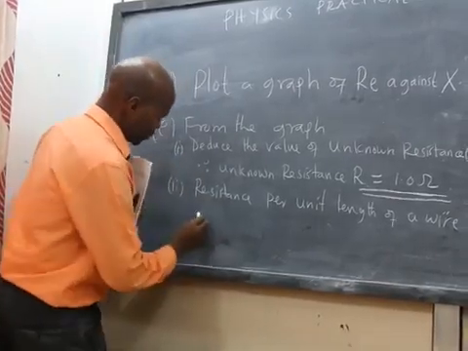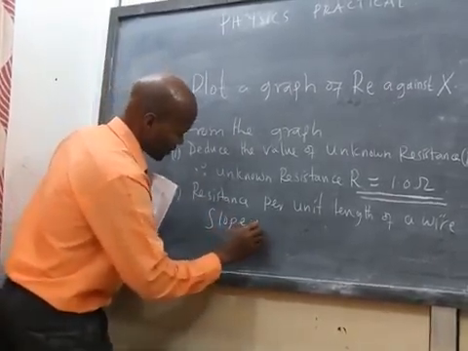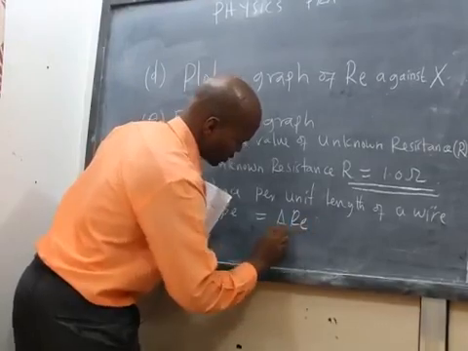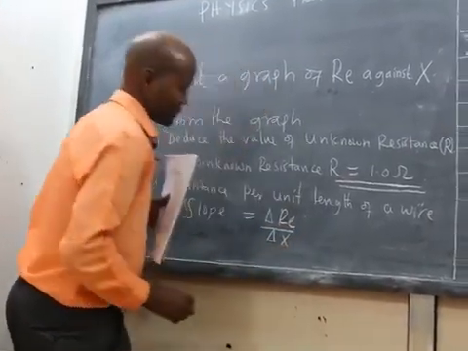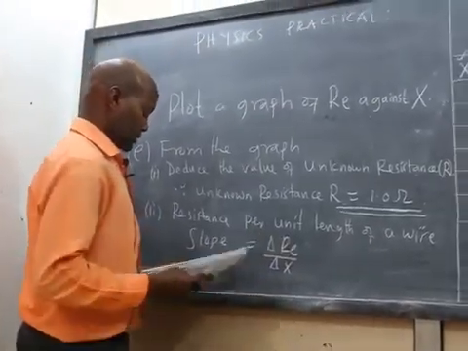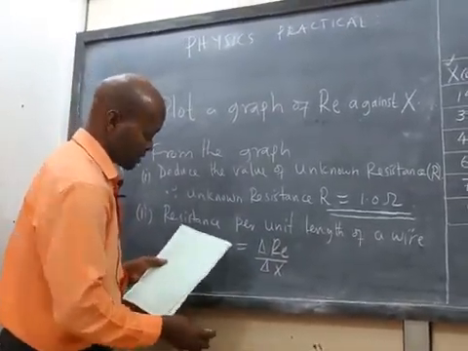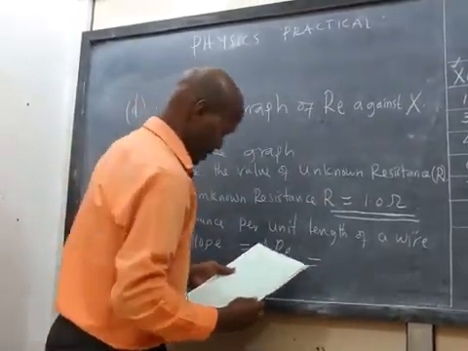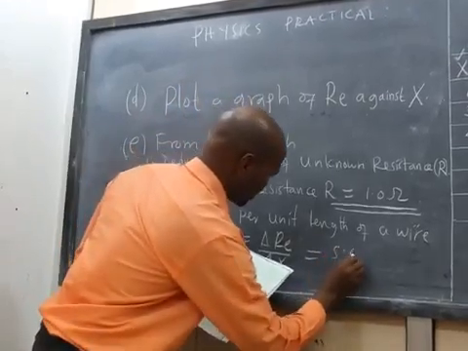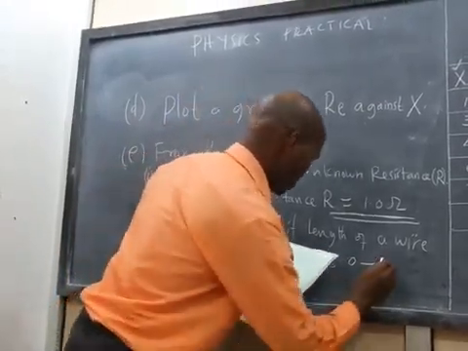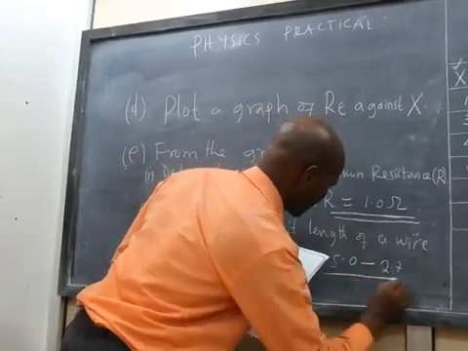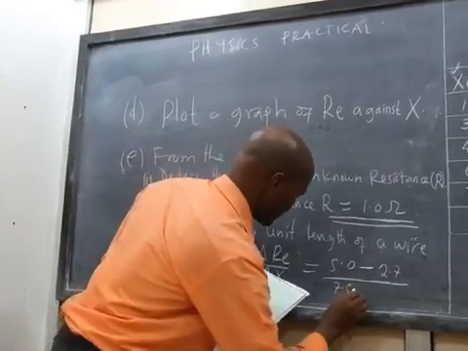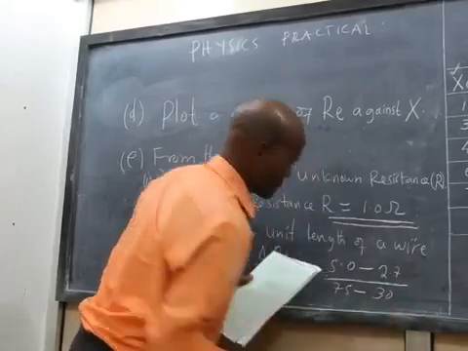You know the slope is equal to change in RE over change in X. So change in equivalent resistance from the data here is 5.0 minus 2.7 over change in X, that is 75 minus 30.